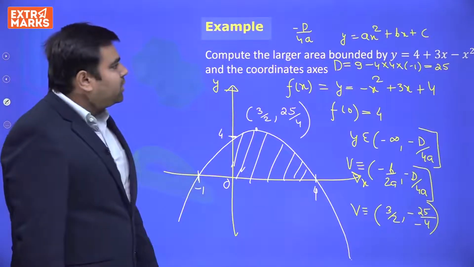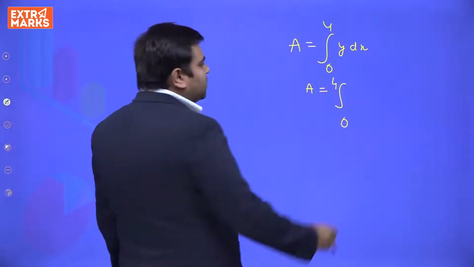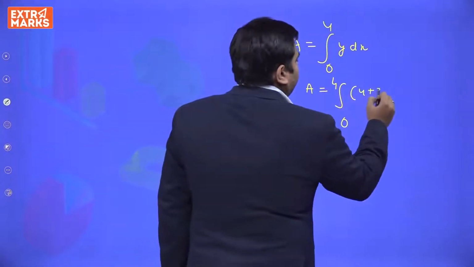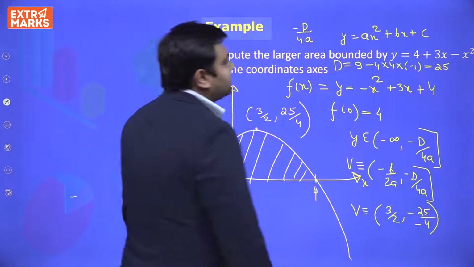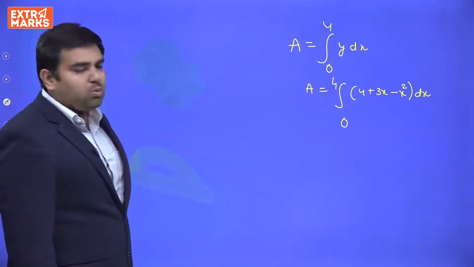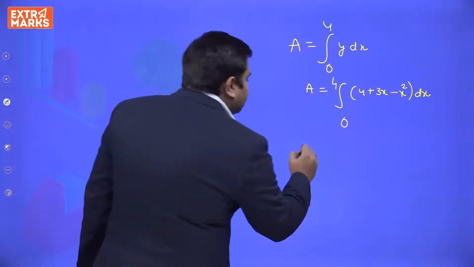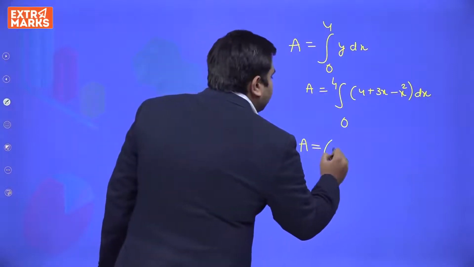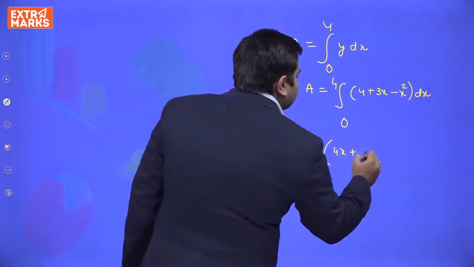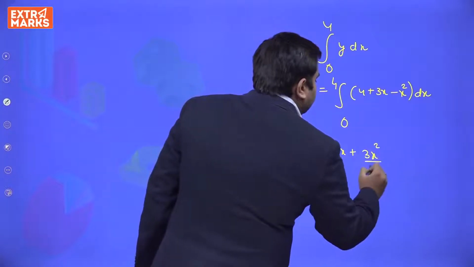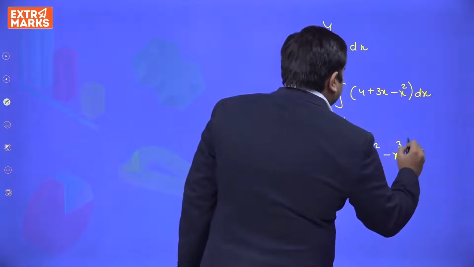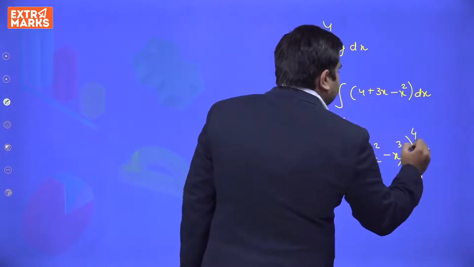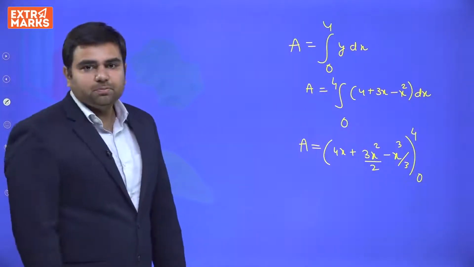What is y? y is 4 plus 3x minus x square, dx, right? So this would come out to be 4x plus 3x square by 2 minus x cube by 3, from 0 to 4, right?